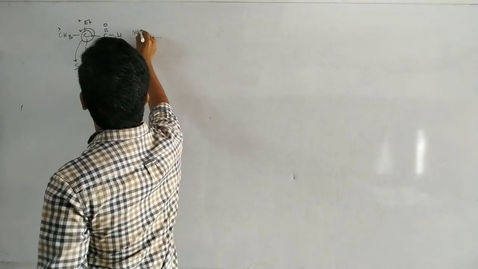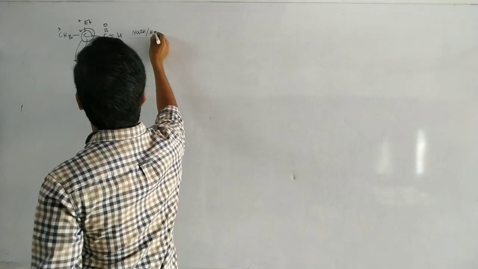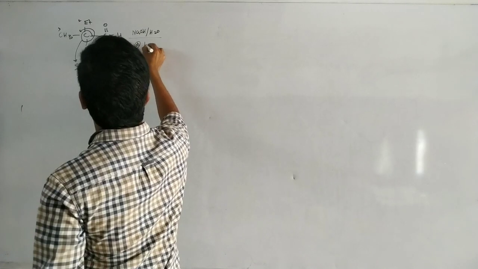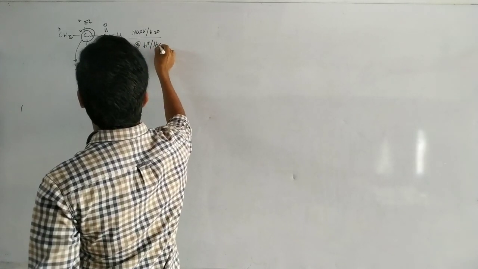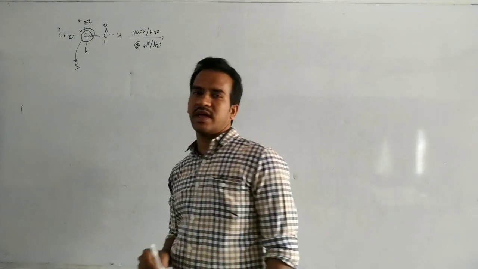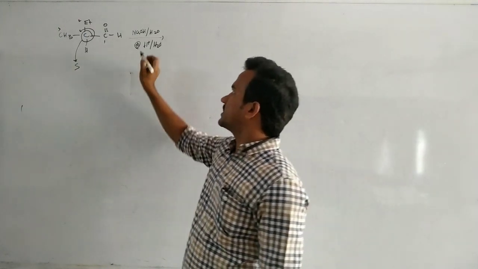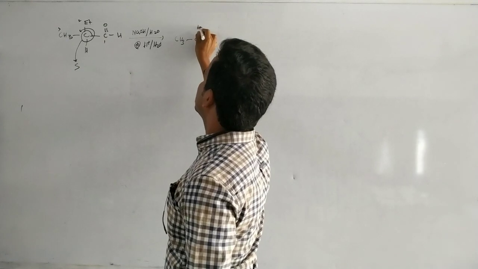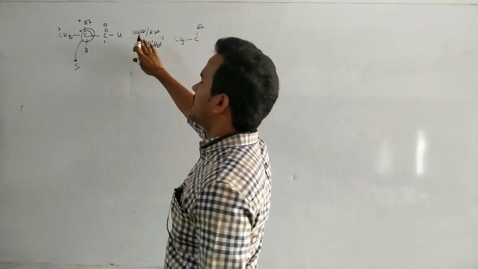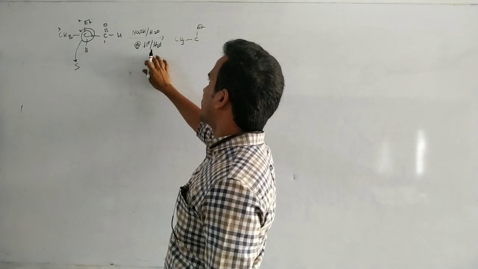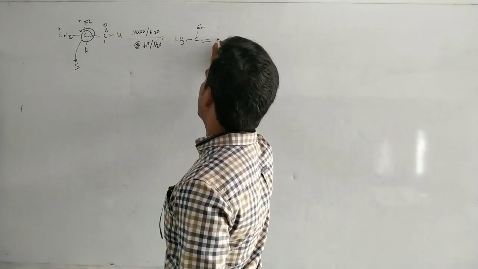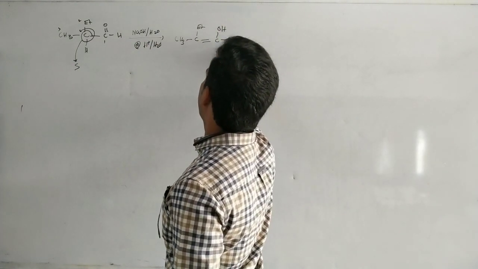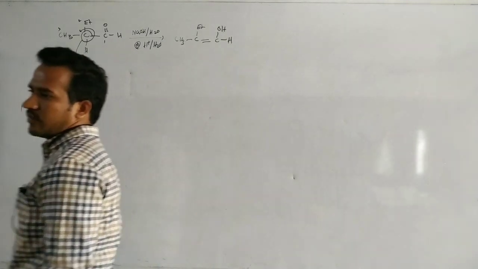That means here NaOH, H2O or H plus. Whenever it is placed in aqueous medium, in the presence of the aqueous medium or acidic medium, that means aqueous alkali or aqueous acid, this one exists in enol form.